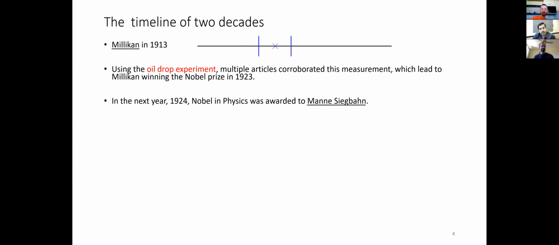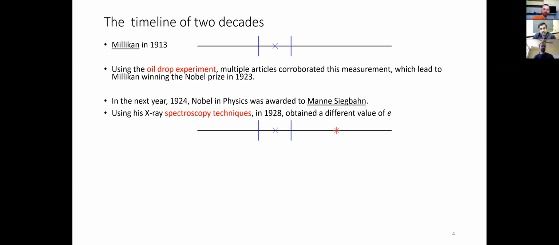In 1924, the Nobel Prize in Physics was awarded to Manne Siegbahn, who was working in a slightly different field: X-ray spectroscopy, also a pretty sophisticated technology by that standard. It turned out that Siegbahn's PhD student figured out a way that spectroscopy could be used to get a better estimate of the Avogadro number.